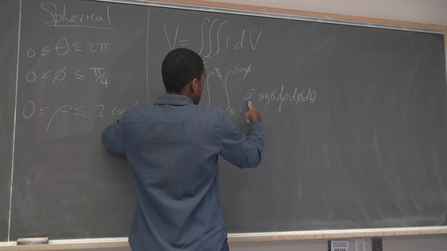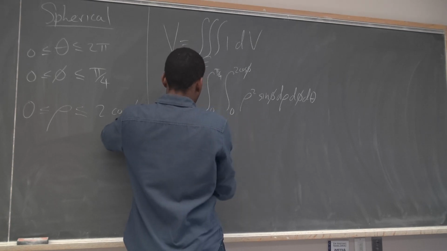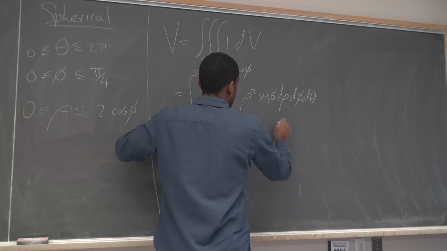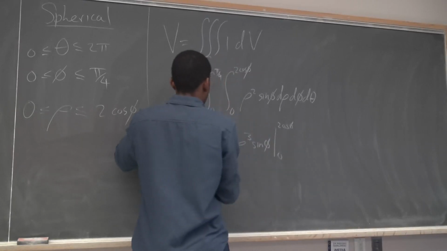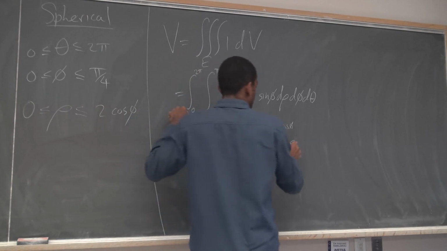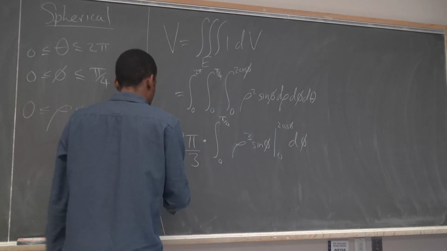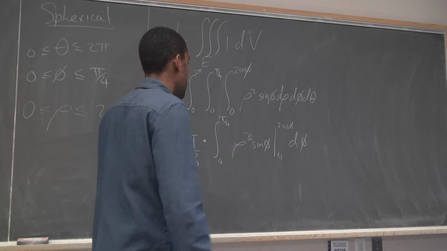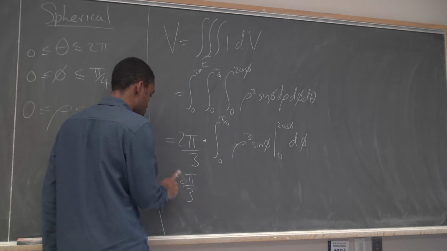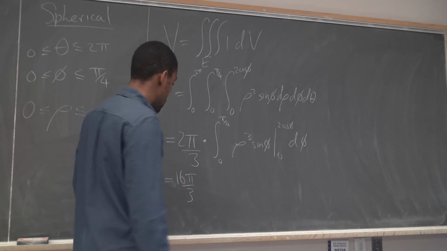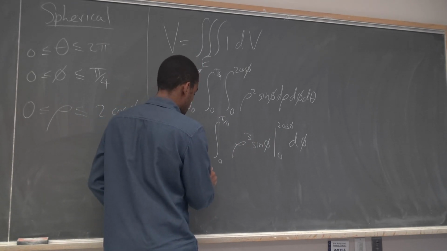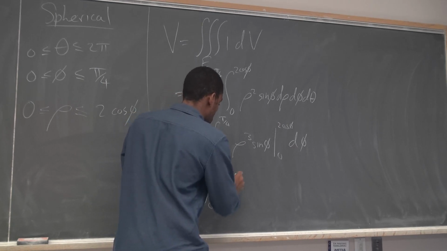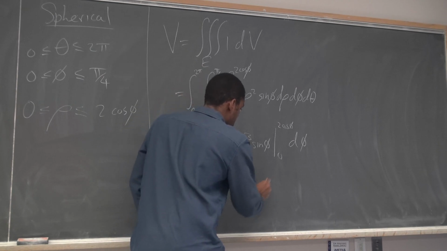Going to integrate rho, I'm going to get what? 1/3 rho cubed. So if I plug this in here, I get 2 cubed, which is 8, times 2. It's going to give me a 16. Then it's going to give me cosine cubed phi sine phi.